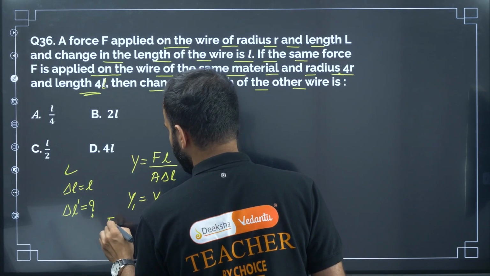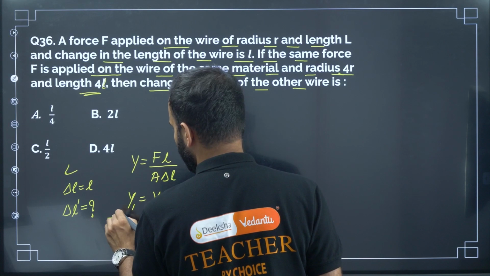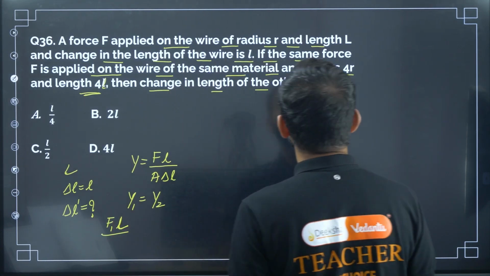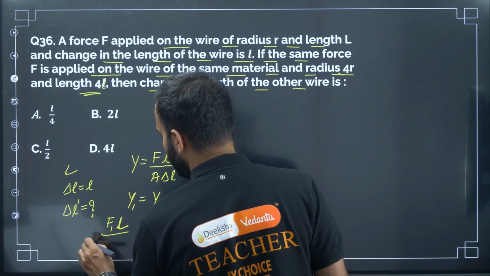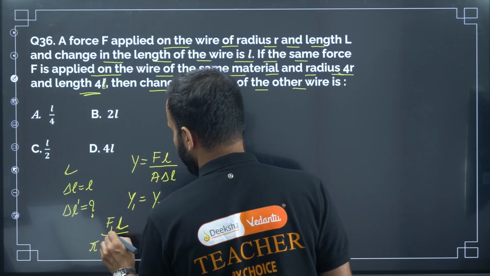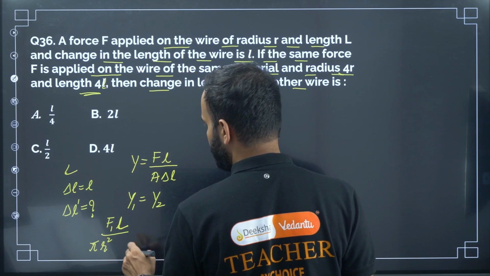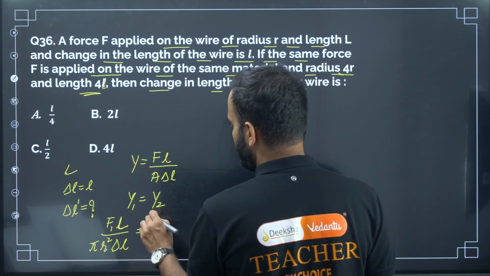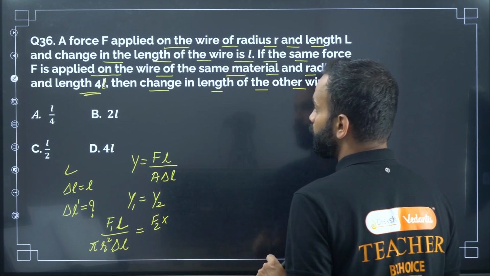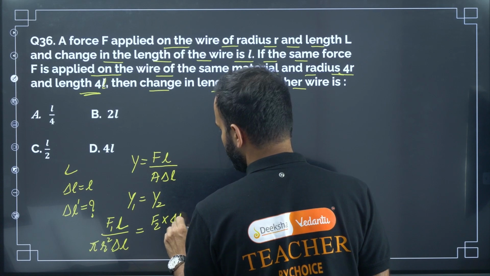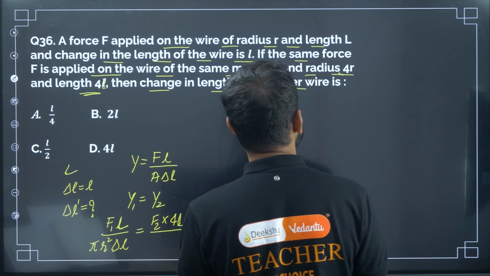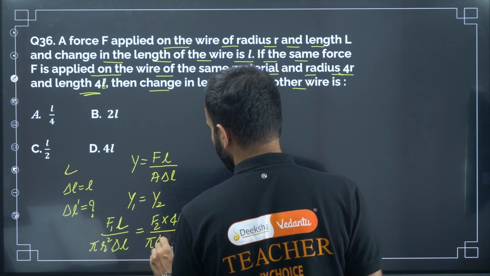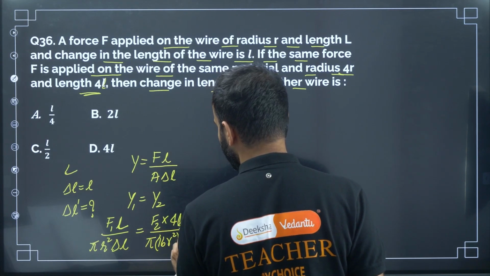So this will be equal to F1 into L divided by area, area is pi into r square, area of the first wire pi into r square into delta L, which is equal to F2 into length of the second wire 4L divided by area of the second wire pi into 4r whole square, that is 16 r square into delta L dash.